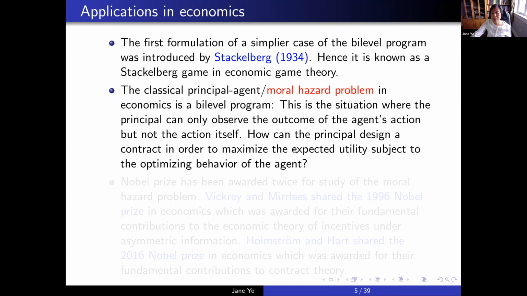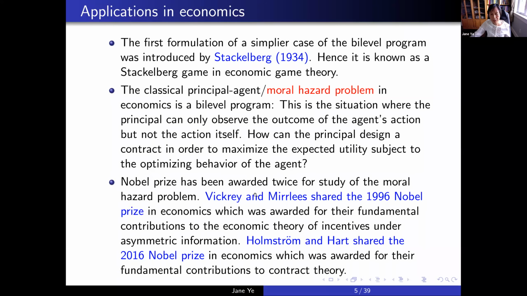Usually there's some stochastic probability involved, so expected utility, subject to the employee optimizing their own objective. Okay, so this is an important model in economics, and a Nobel Prize has been awarded twice for the study of this very basic problem.